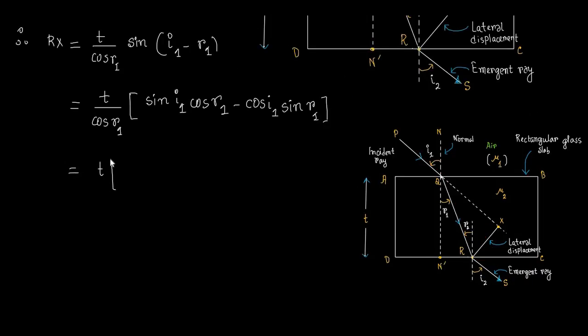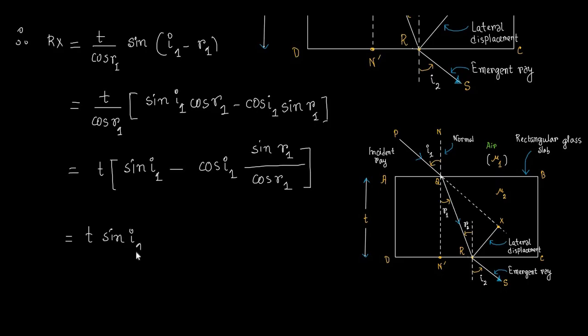Now RX is equal to T into (sine I1 cos R1 minus cos I1 sine R1) divided by cos R1, which is equal to T into sine I1, with sine I1 taken common, under bracket 1 minus cos I1 divided by cos R1 into sine R1 divided by sine I1.